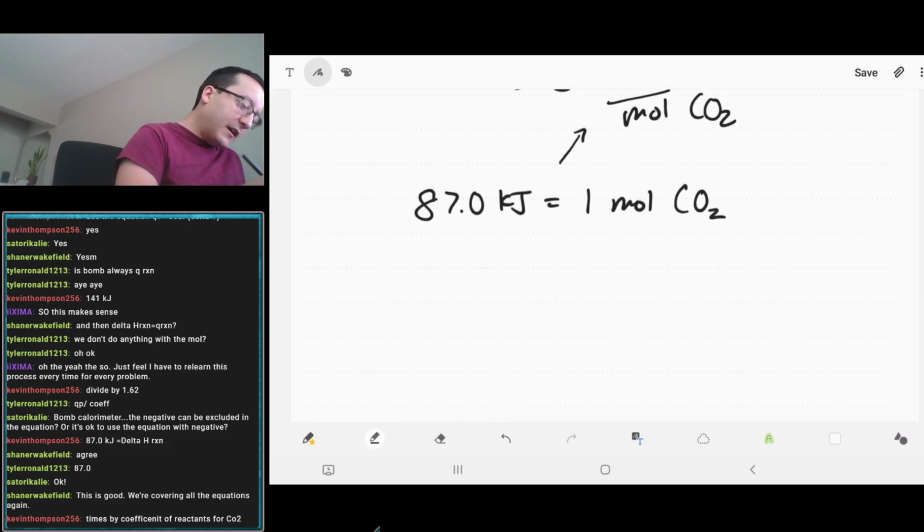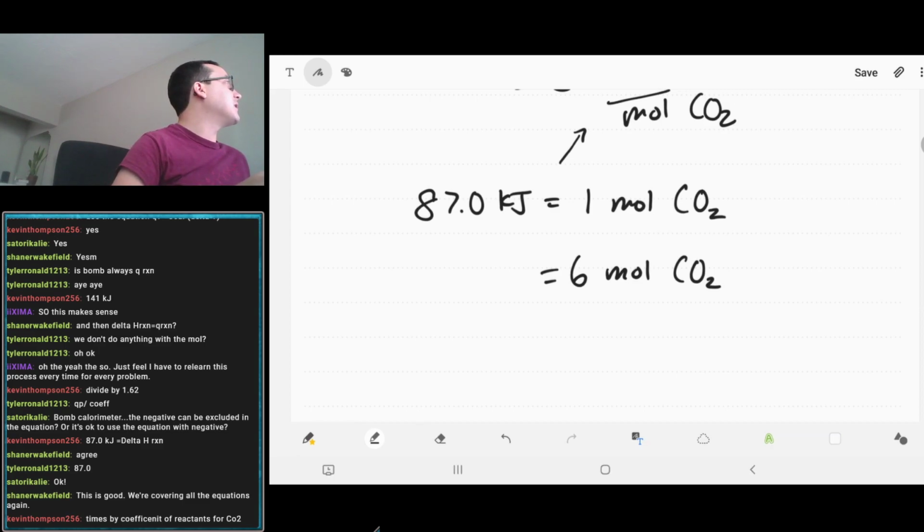So if we want it for 6 moles of CO2, we would need to multiply this by 6, right? I just wrote 87. I didn't write times 6.